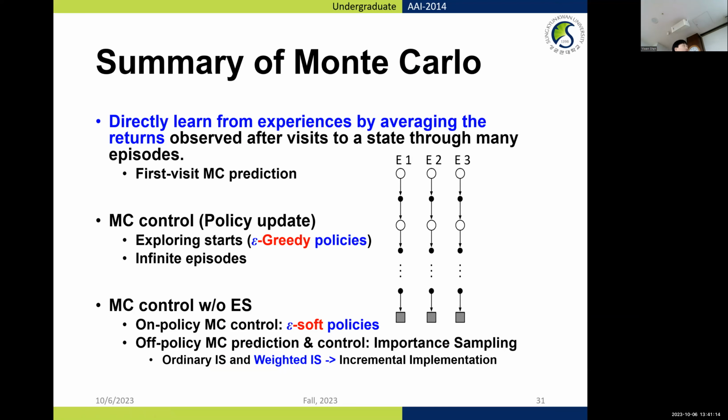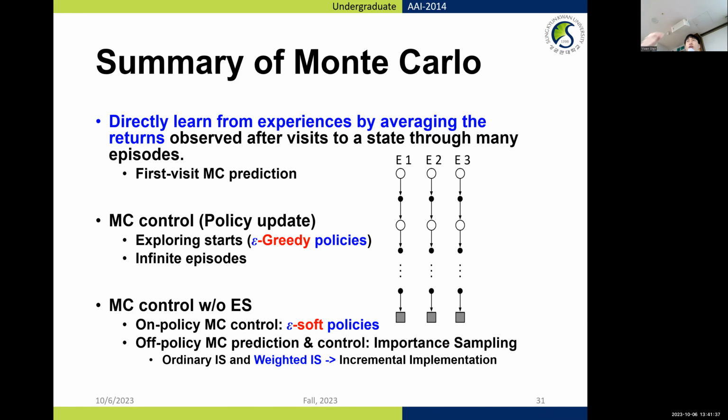Now we come to the summary of the Monte Carlo method. From the beginning, the motivation of the Monte Carlo method is that if we don't have complete knowledge of the environment, we explore this environment based on experience.